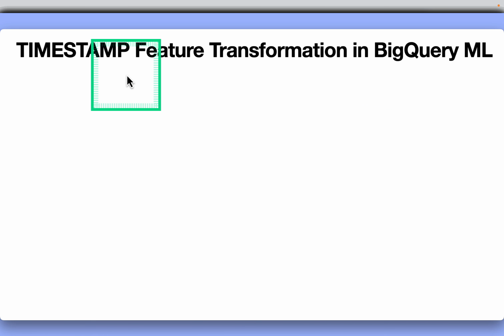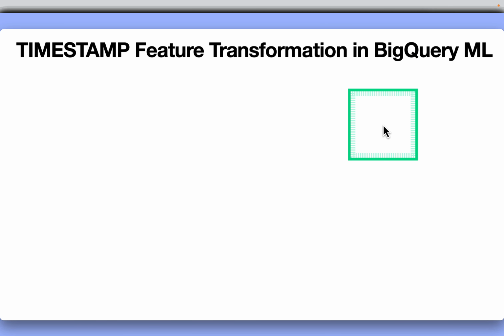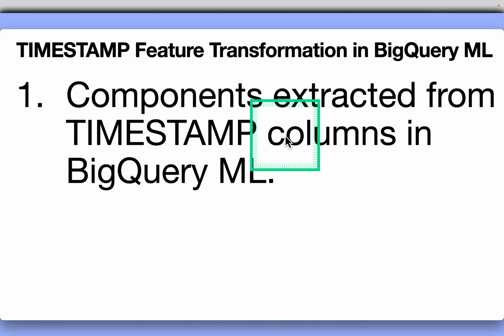Okay, timestamp feature transformation in BigQuery ML. BigQuery ML extracts time-specific components from timestamp columns during the pre-processing phase. These components include Unix time in seconds. This is important because for timestamp, there are a couple of use cases. Like for example, you can have day of month, day of week, month of the year, hour of day, minute of hour, week of the year, and year.